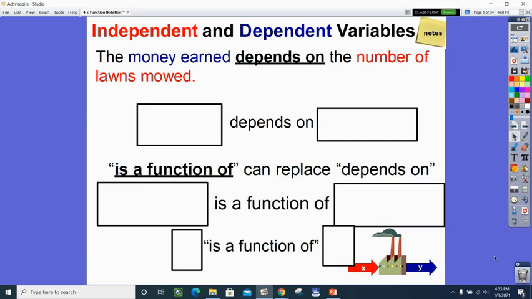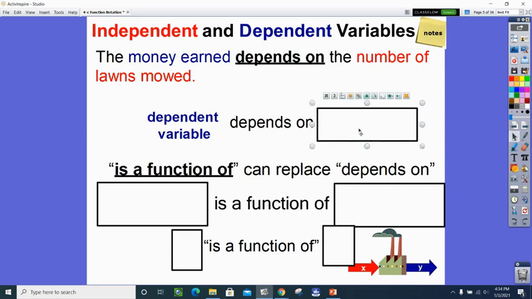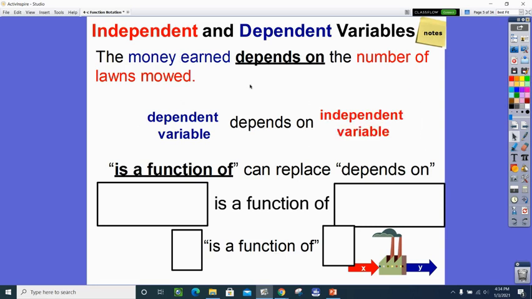Remember that the independent and dependent variables are connected. In the case of our lawn mowing, the money earned depends on the number of lawns mowed. That means that our dependent variable, the money earned, depends on the independent variable, which was the number of lawns mowed. Now, in English, the words depends on could be replaced with is a function of.